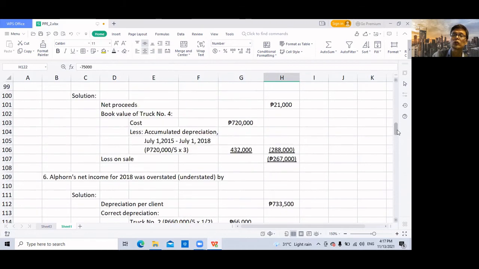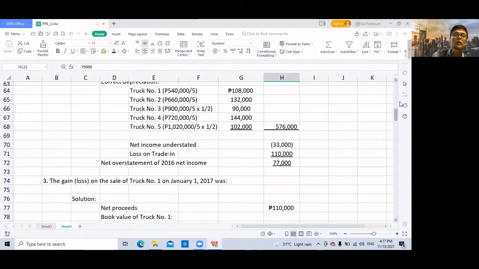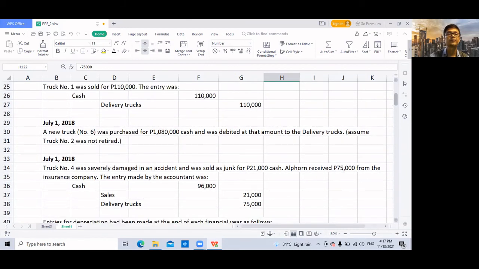So if you want to go back here dun sa number 4, sabi dun, truck number 4 was severely damaged in an accident and was sold as a junk for 21,000. Alfred received 75,000 from the insurance company. Ayun, yun yung statement na yun.